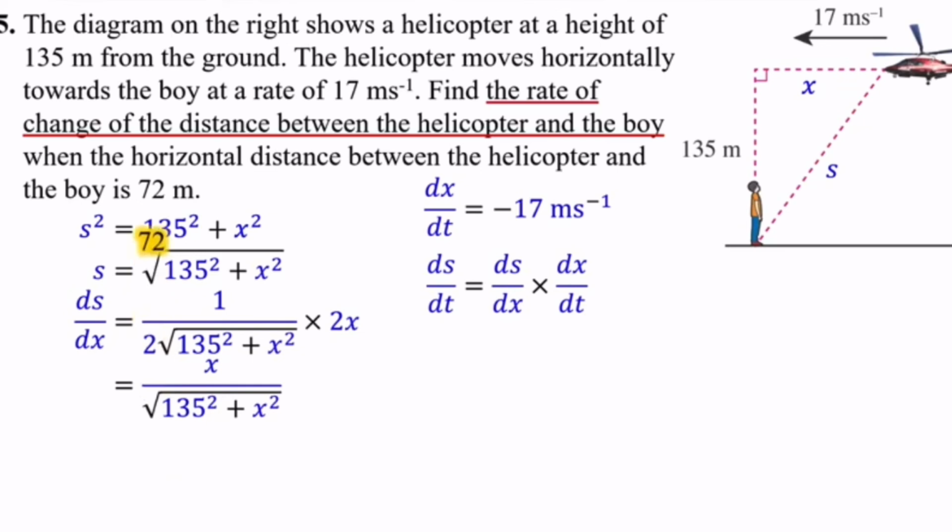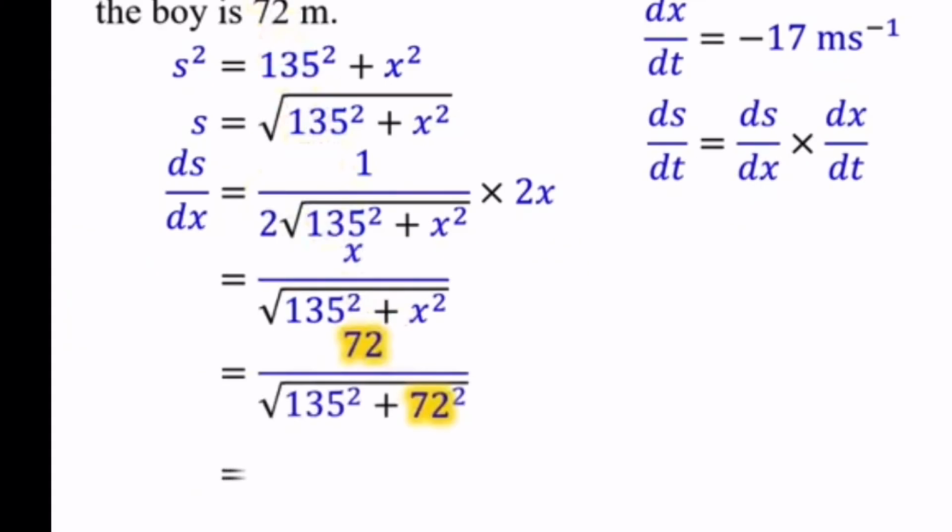That shows that x is 72 meters. So we substitute x equals 72 into ds/dx. Now we are getting the answer, which is 8 over 17.